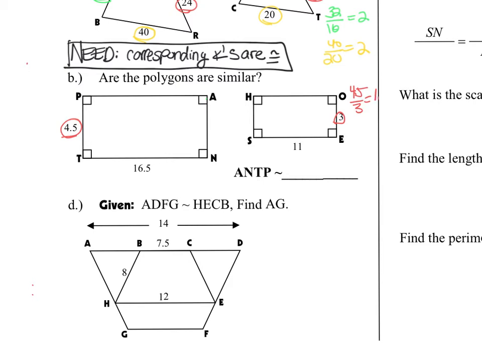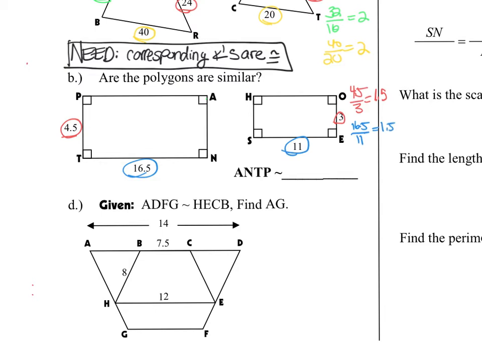That's going to give us 1.5. And then we have 16.5 over 11. And that's going to give us 1.5.